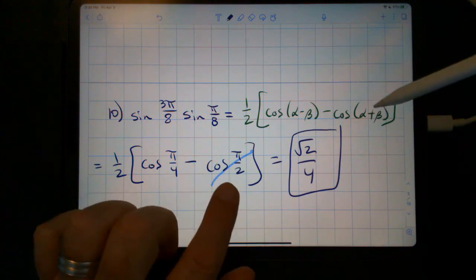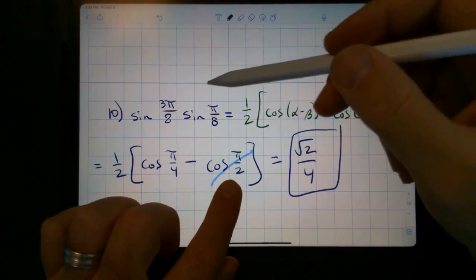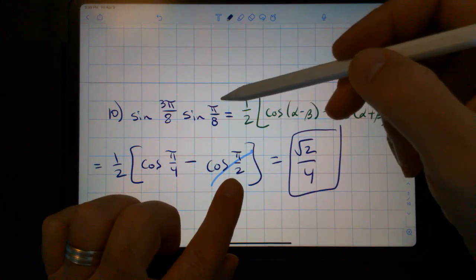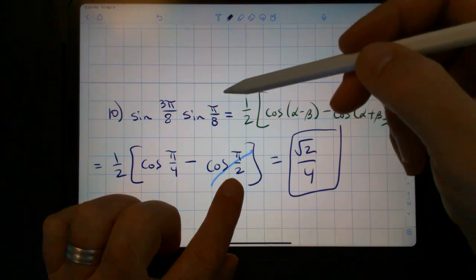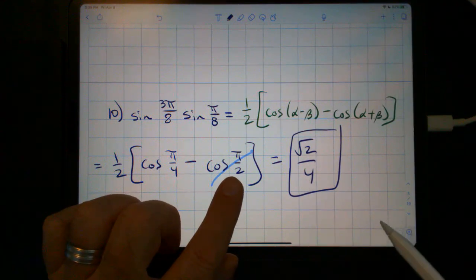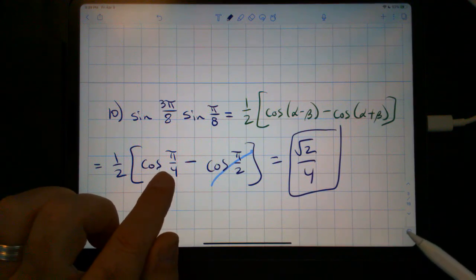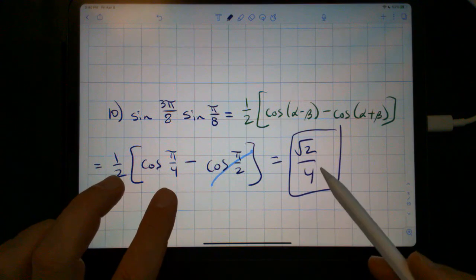And then minus the sum, 3 pi over 8 plus 1 pi over 8 is 4 pi over 8, which is pi over 2. And cosine of pi over 2 is 0, so that gets absorbed. Cosine of pi over 4 is radical 2 over 2. So radical 2 over 2 times 1/2 is radical 2 over 4.